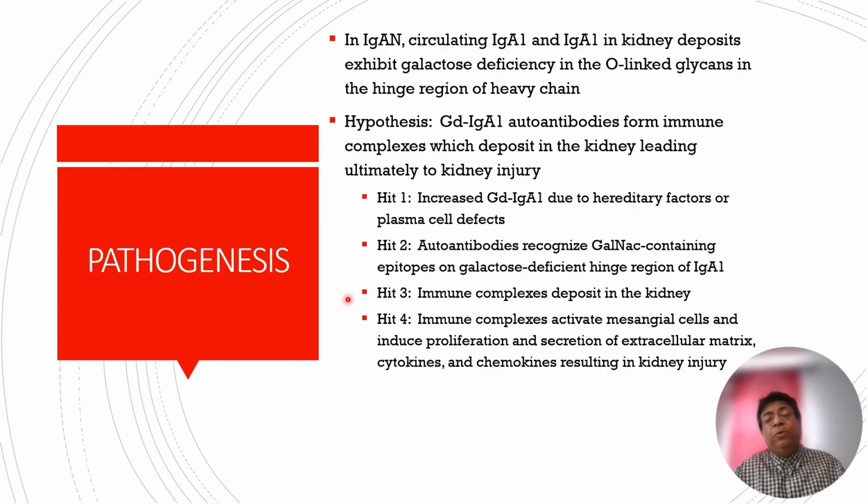And then once immune complex deposition occurs, the immune complexes will activate mesangial cells and induce proliferation and secretion of extracellular matrix, cytokines and chemokines, resulting in kidney injury. So that proliferation is when inflammatory cells enter the mesangial area or the endocapillary area, and then the secretion of the extracellular matrix is what gives you the mesangial expansion.